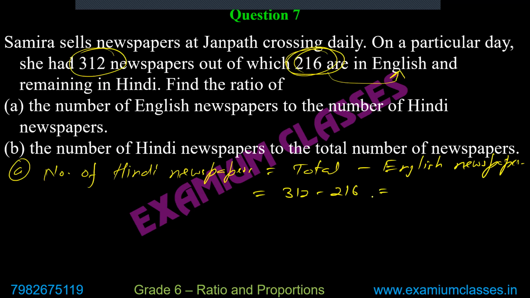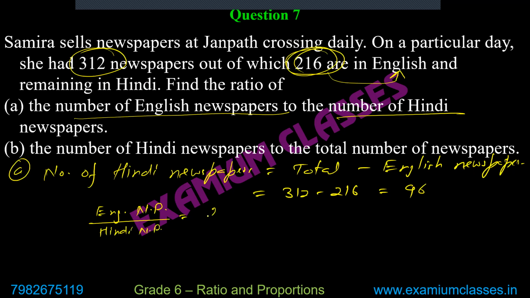You will get 96 newspapers. So we can now calculate the ratio. English newspapers divided by Hindi newspapers will be 216 divided by whatever we have calculated, 96.